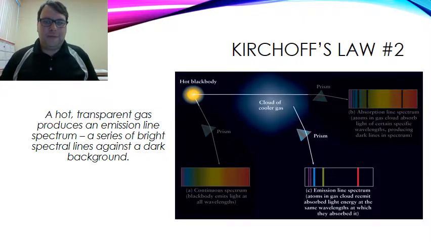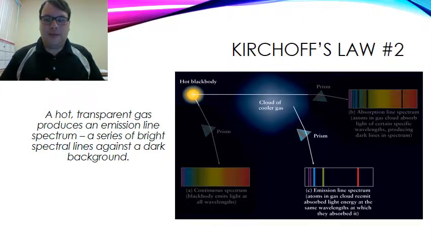Kirchhoff's second law. If we introduce to that hot black body a transparent gas that is hot, an emission spectrum will actually be created. An emission spectrum is simply a very concise series of bright spectral lines that are observed on a dark background.